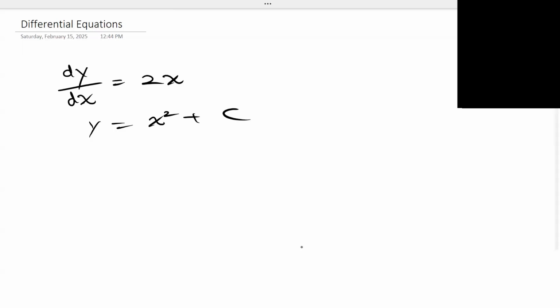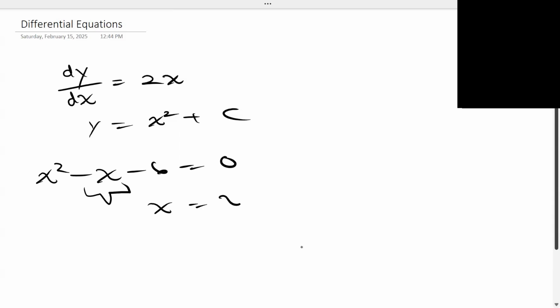Now, like normal equations, so let's go back to the quadratic x squared minus x minus 6 equals 0. The answer for x has to be a number. So you can't just write x equals x squared minus 6. That's not an answer. Now, we can look at a different equation, a differential equation.